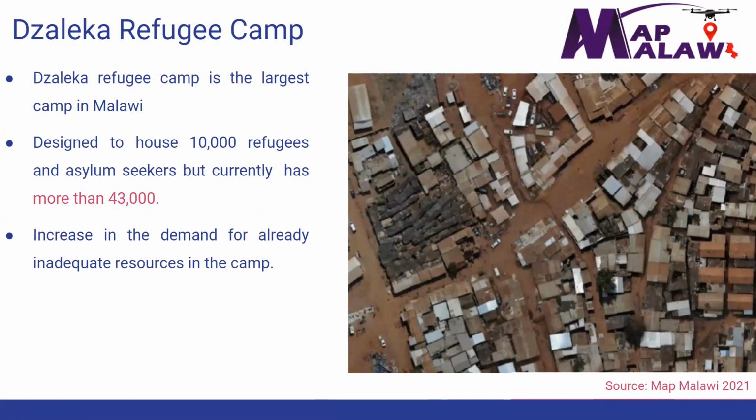It was initially designed to house 10,000 people, but as I'm speaking right now, it's reached its maximum absorption and now houses 43,000 refugees and asylum seekers. So basically the increase in population translates to an increase in the demand of already inadequate resources at the camp.